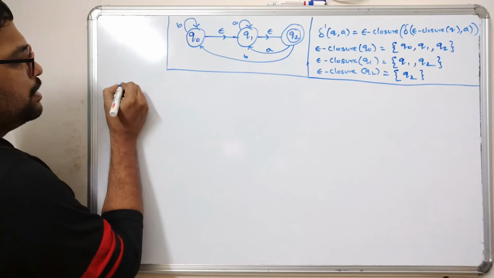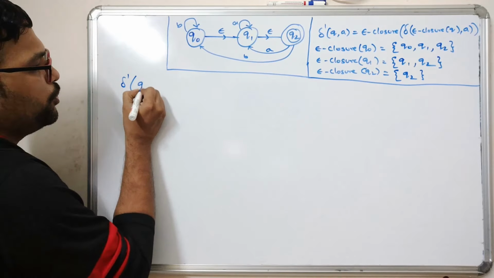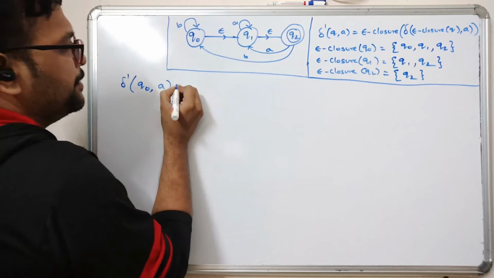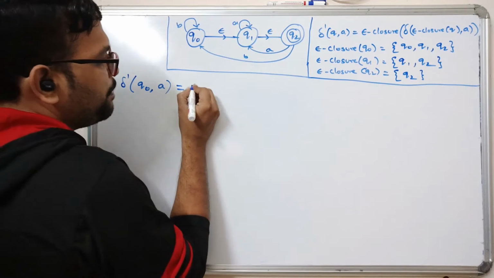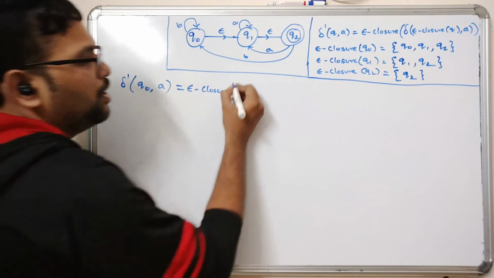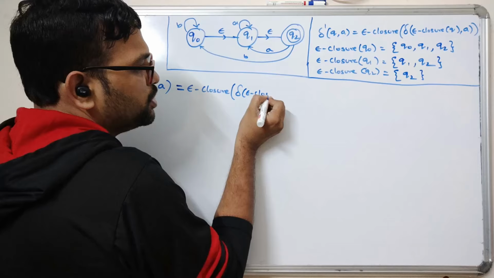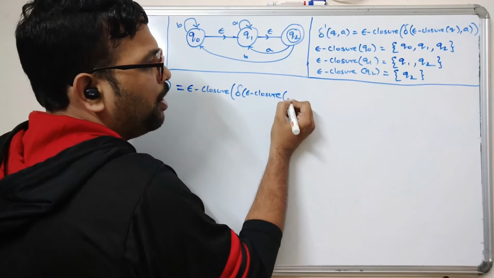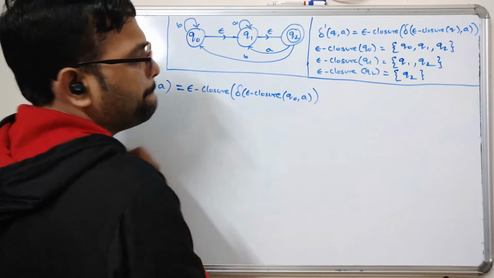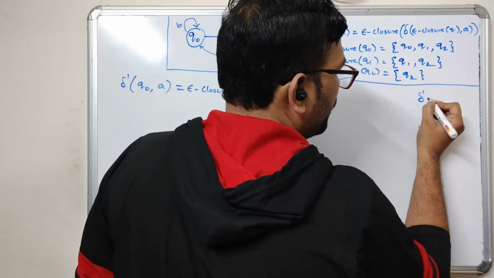Now delta dash of q0 on a is equal to epsilon closure of delta of epsilon closure of q0, comma a. Let us write here the final result.